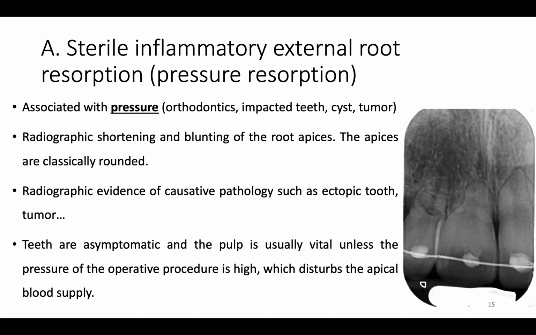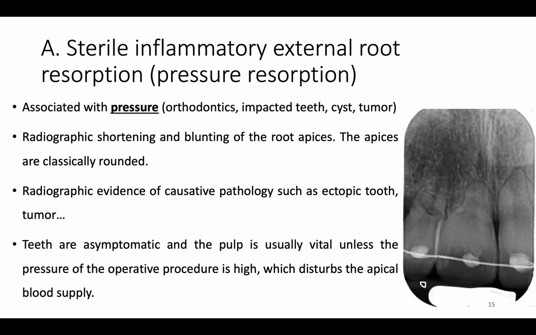What we mean by the sterile inflammatory external root resorption, or pressure-induced resorption, is the resorption that takes place usually after orthodontic treatment as a result of excessive forces on the teeth, or as a result of an impacted tooth that exerts pressure on the other teeth, or a cyst or a tumor that exerts pressure on the roots of the teeth.